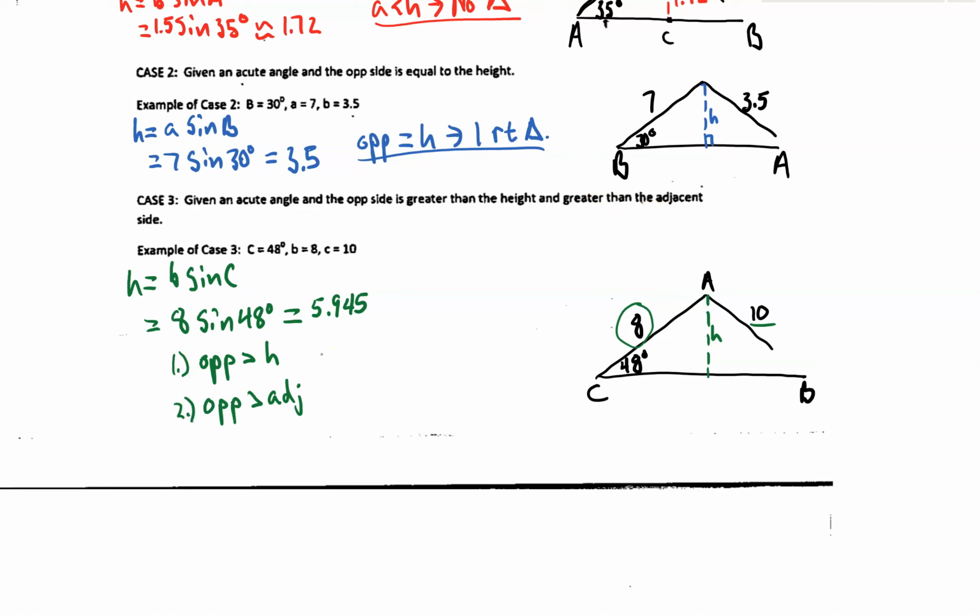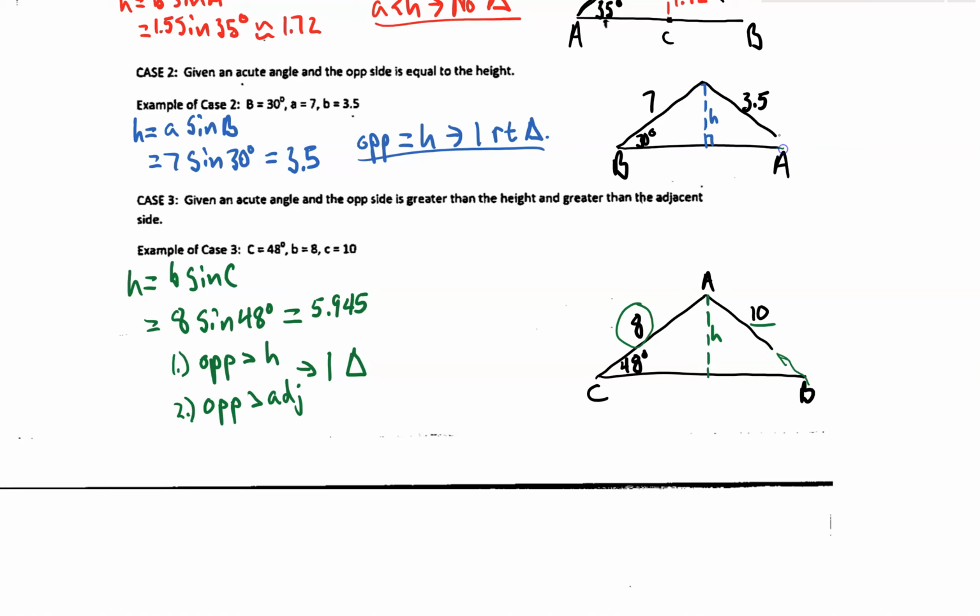What we're going to find here is that we are going to have one triangle. That's the only way that this will work. And as you're going to see in just a minute or so, we're going to have a situation where we will have 2 triangles. But this particular one, we can only get 1 triangle out of this. And if I extended this side, it would definitely make 1 triangle.